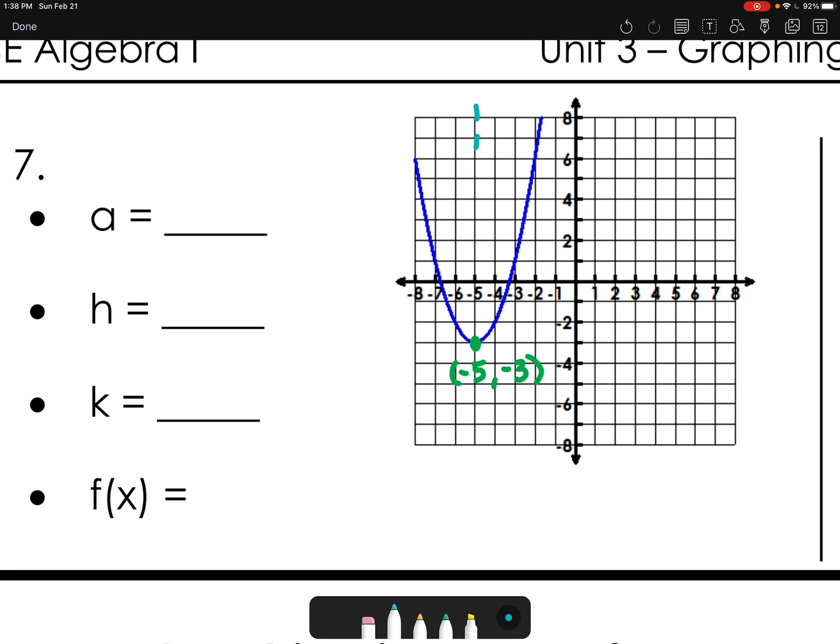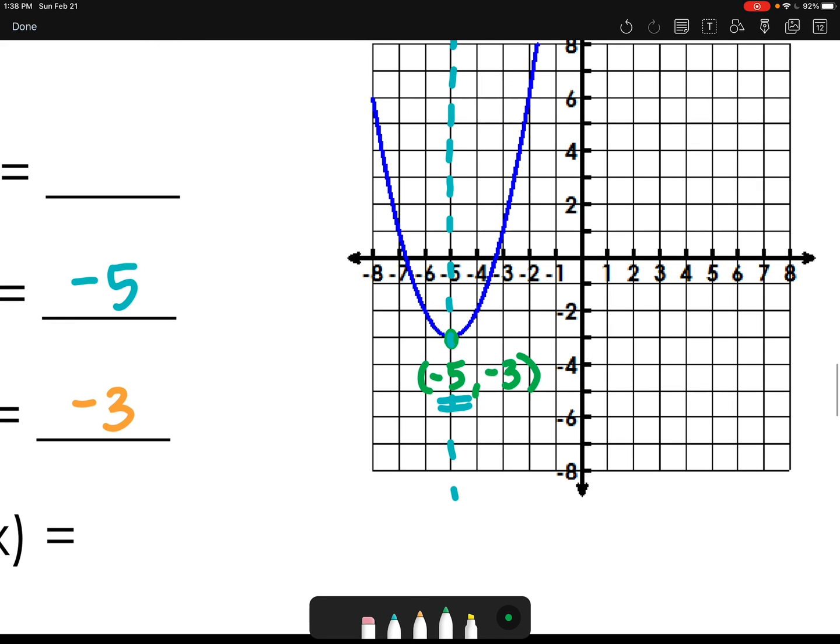And something that I haven't been mentioning with the previous ones is the axis of symmetry goes right down the middle of the parabola. And so you would write this line as x equals -5 because that's the h value right here. Okay? And so let's first start off with our h and k. So h is -5, k is -3, and now let's find our a value.